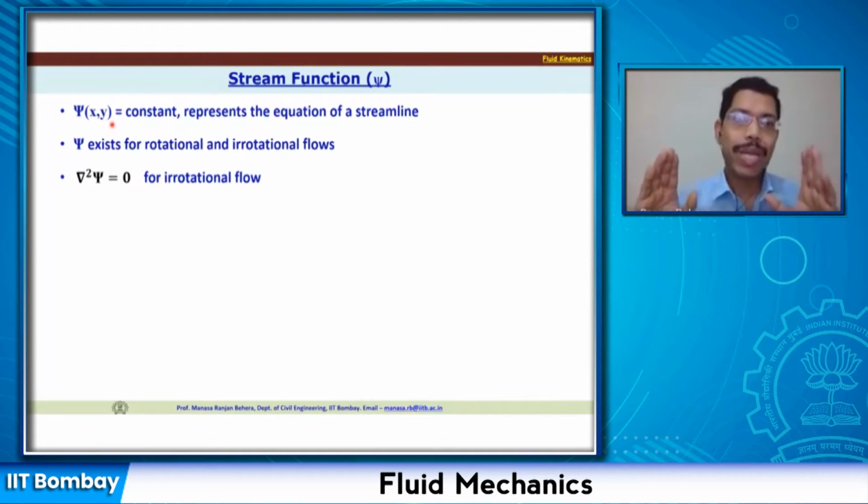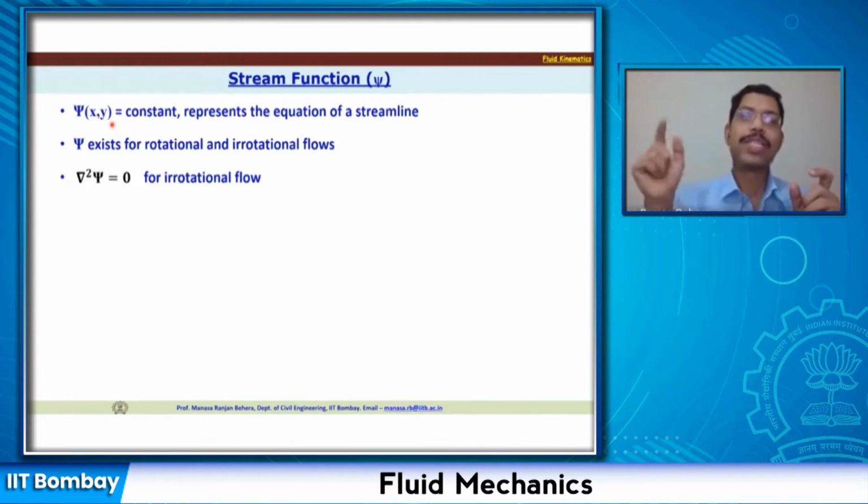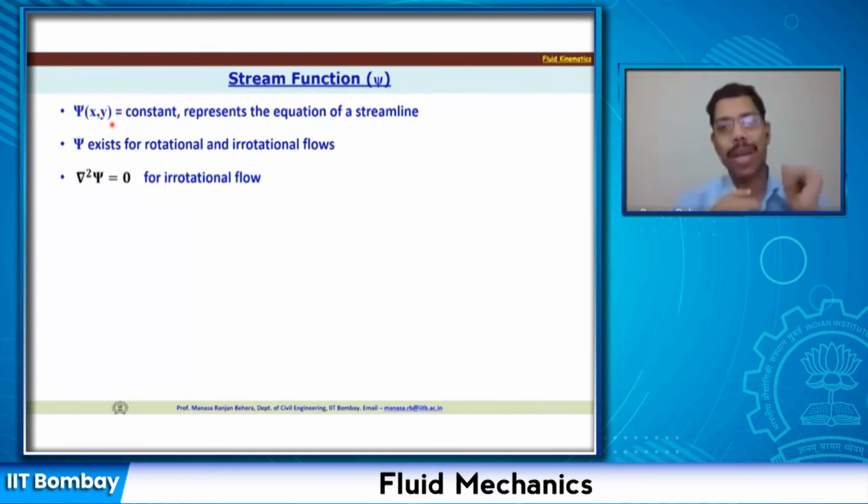So psi xy, if it is constant, let us say the psi function is something like x square plus y square minus 2xy or something, equals some constant c1, then that is going to represent one equation of a streamline, or that will represent one streamline. And the same equation, if I equate it to some other constant, let us say c2, it will show me another streamline.